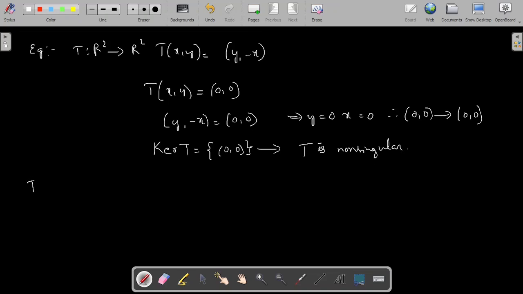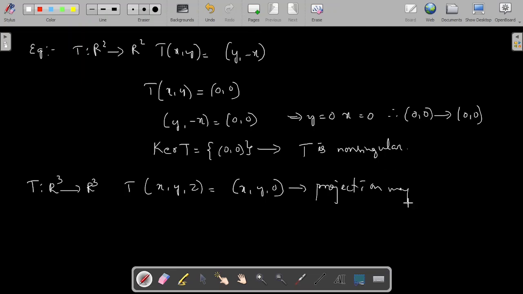See one more example. Take the transformation T from R cube to R cube, the projection map T of x comma y comma z equals x comma y comma 0. So this is that projection map. Let us find out the kernel, which we already did in our previous videos.